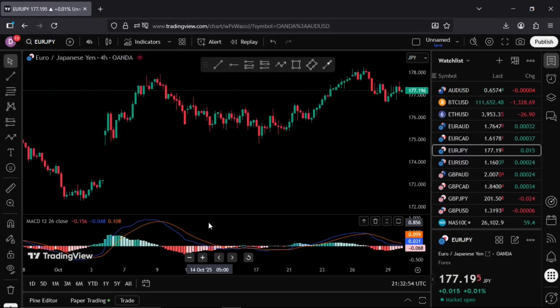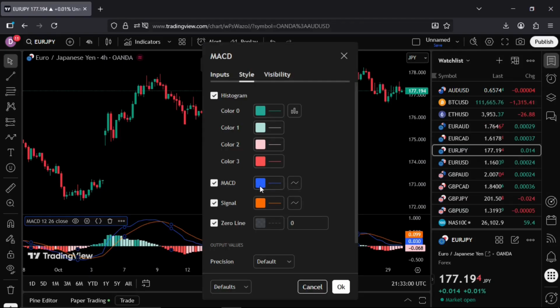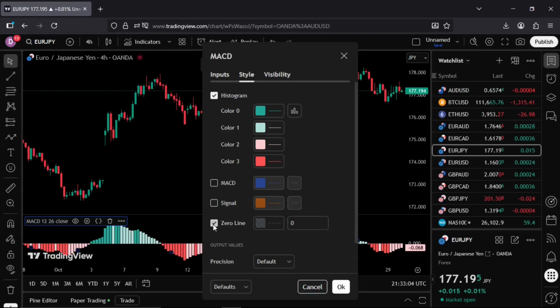What I want you to do is click on it, then go to settings and turn off all the other lines. So turn off the MACD line, the signal line, the zero line, then leave on the histogram part. For the histogram, I want you to change the pairs of colors to the same color.